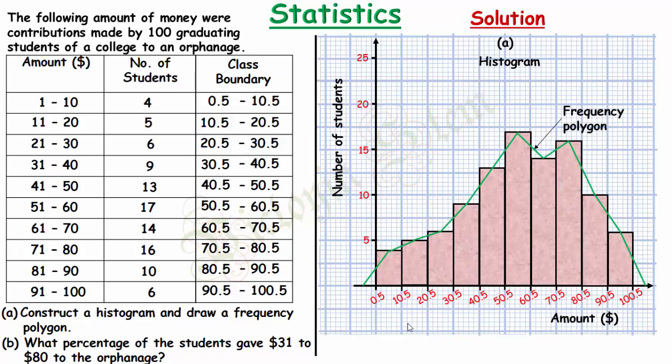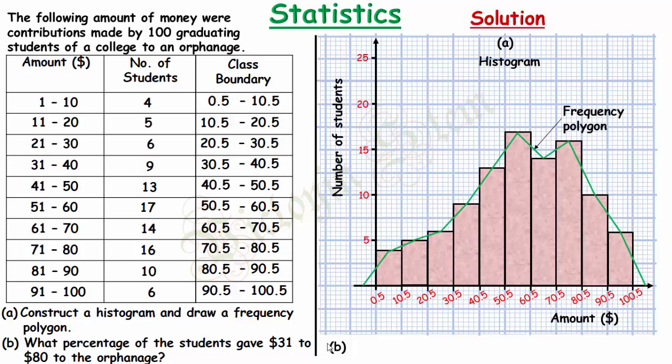Now the last part of the question states that what percentage of the students gave $31 to $80 to the orphanage. So to solve the last part of the question, I need to look at the number of students that gave from $31 to $80. Looking at the frequency table, $31 starts from 9, and then those that gave from $31 to $80 are 9 plus 13 plus 17 plus 14 plus 16.